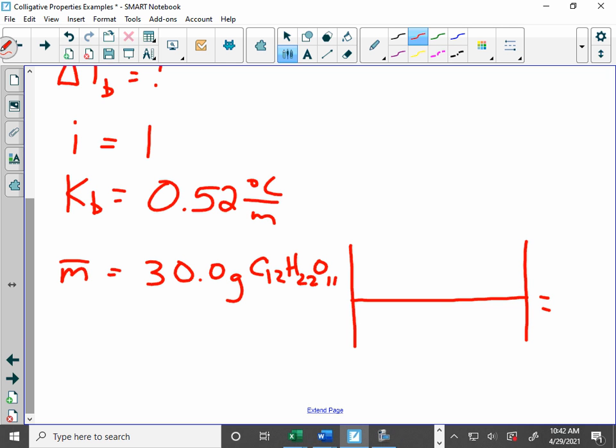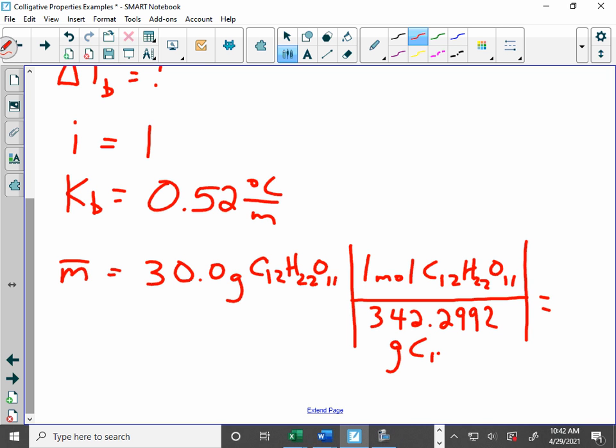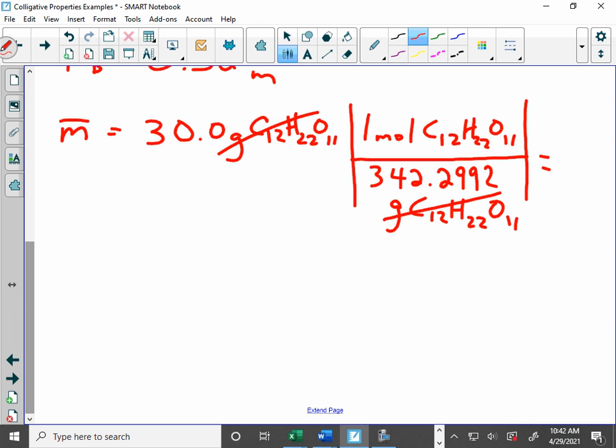Well, I know that 1 mole of C12H22O11 has a mass of 342.2992 grams of C12H22O11. So my grams cancel. I'm going to come up with a value, and I'm going to divide that one out.